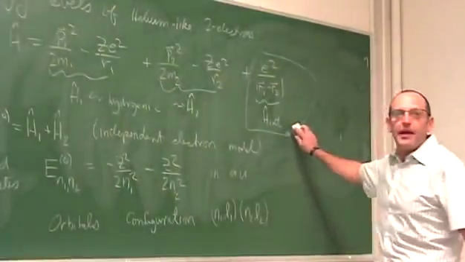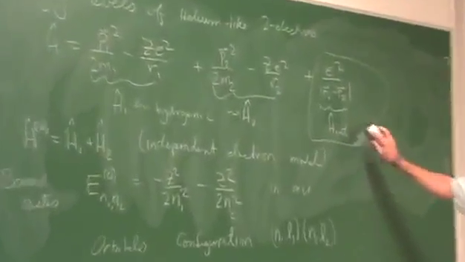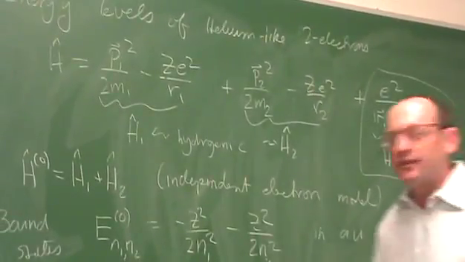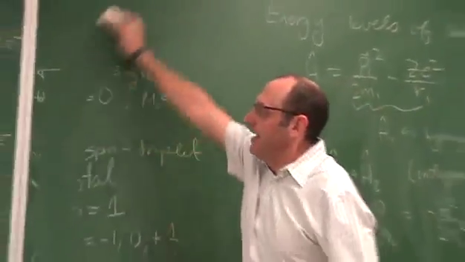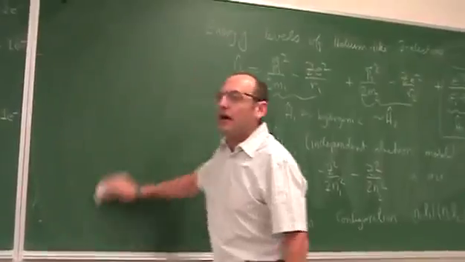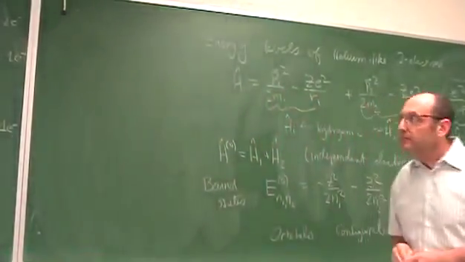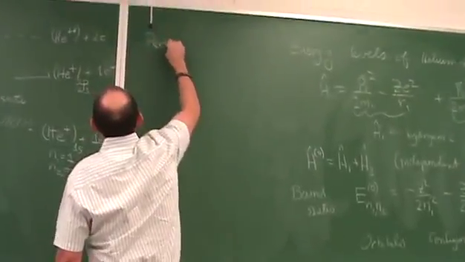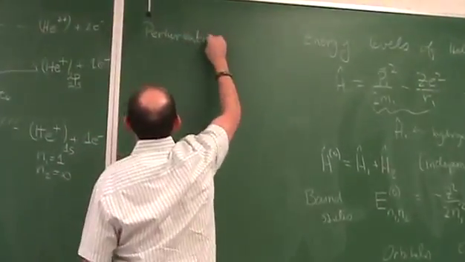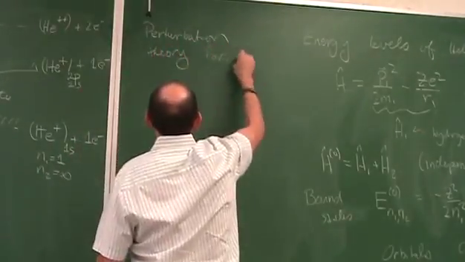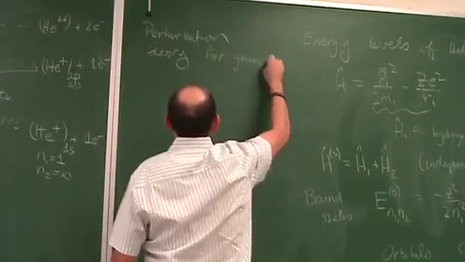At the least, we can say this is a perturbation and calculate what the shift is in the ground state due to the repulsion of the two electrons from one another. So, perturbation for the ground state.